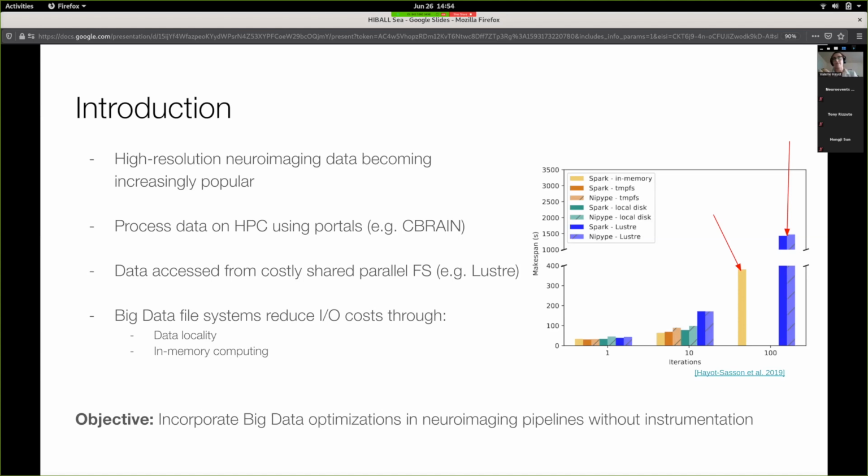Especially at 100 times over, what you see is that there's almost a 4-time difference between processing in memory and using a shared file system such as Lustre. So what my project does is it's a hierarchical file system that tries to give you that in-memory computing performance, similar to big data engines such as Spark, without making you alter your workflow in any way.